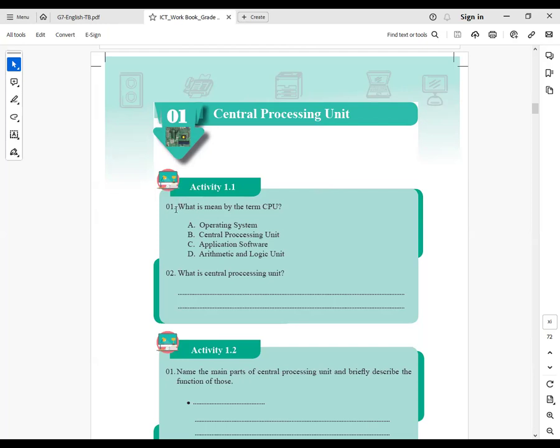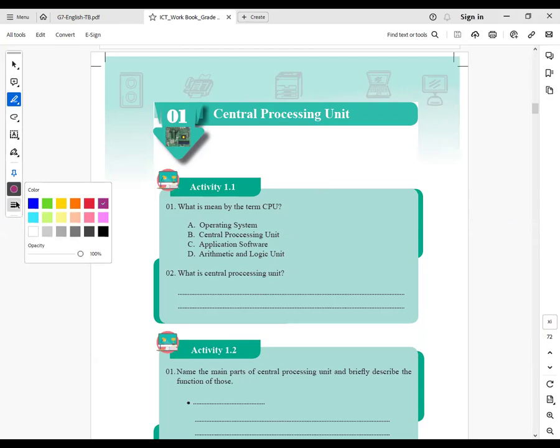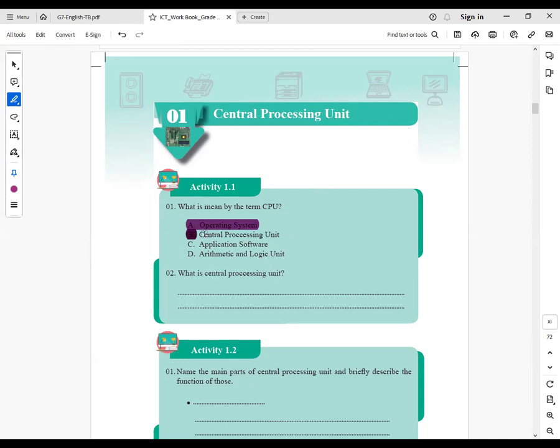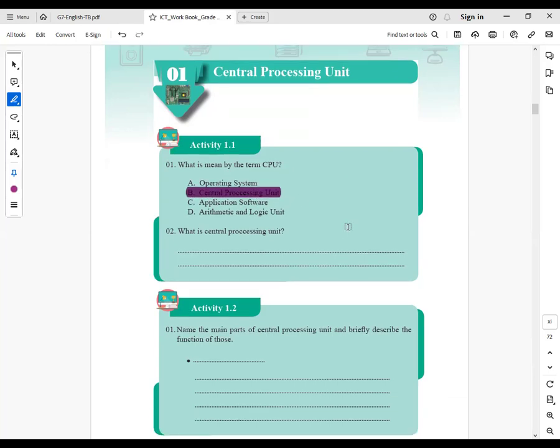Okay, activity 1.1. What is meant by the term CPU? Central Processing Unit. Yes.